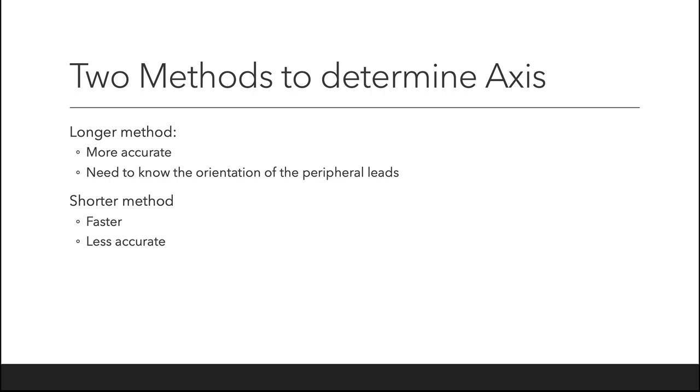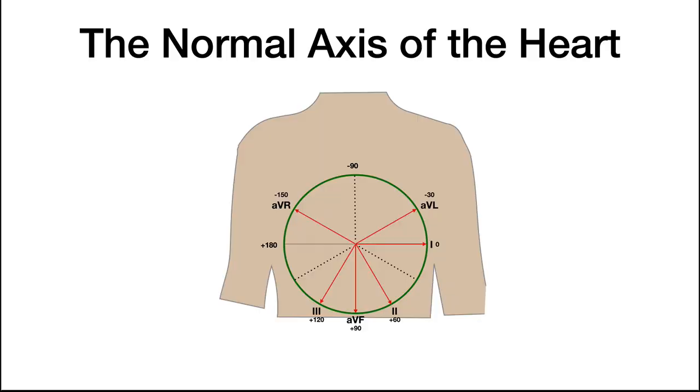Of course, you have a shorter method which is much faster but might be less accurate than the longer method. So this is the axis chart that we need to memorize to know where each lead is pointing towards.